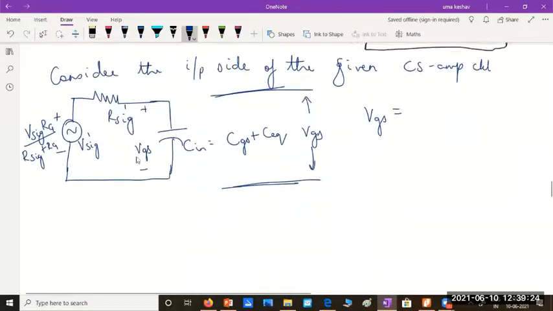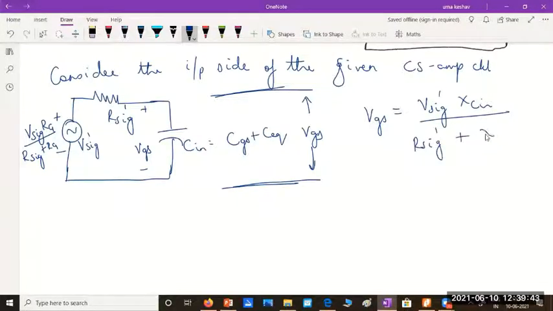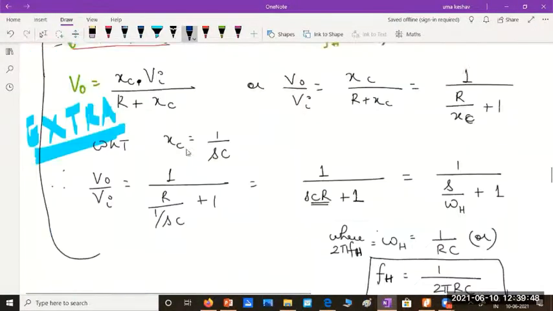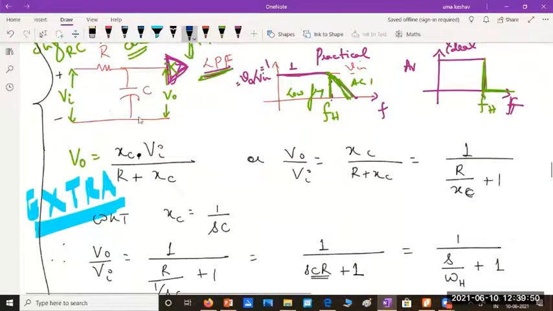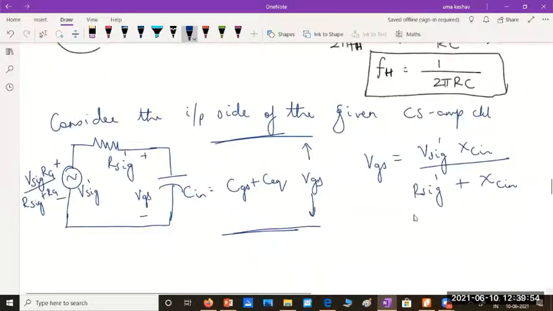The output voltage in this case is VGS, the input voltage is V sig dash. Yes or no? So VGS is V sig dash into XC in, this reactance, divided by R sig dash plus XC in. Just like how we did it here: XC into VI by R plus XC, the same thing we have done here.